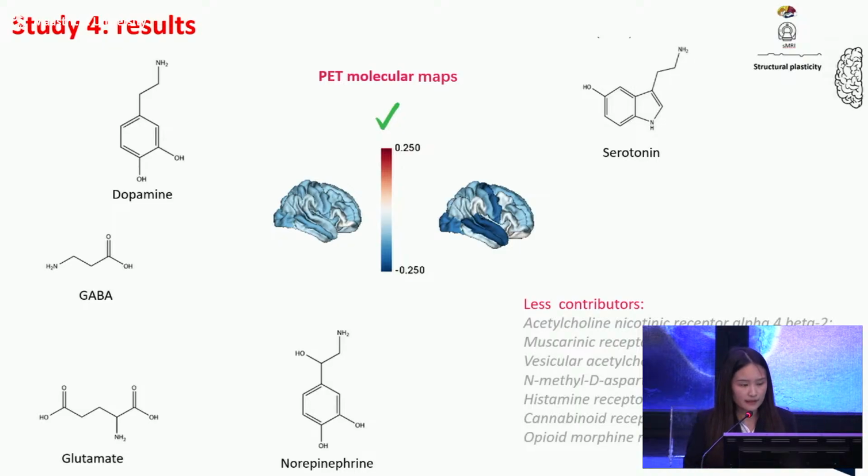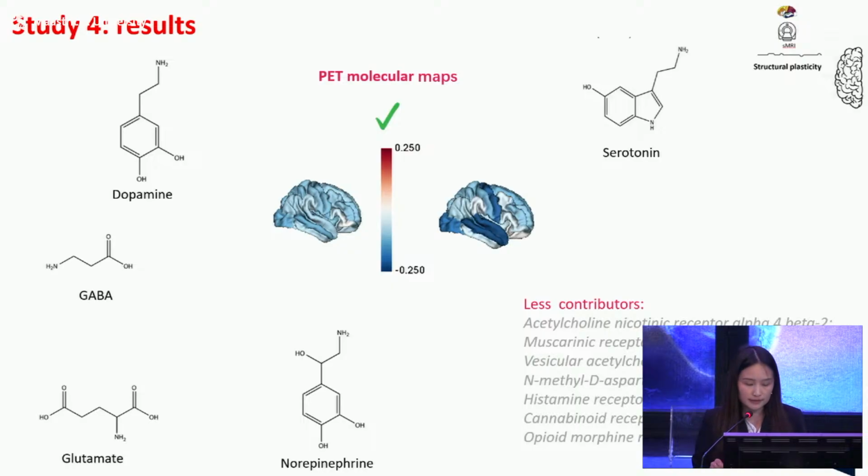We found that the local neurotransmitters are significantly associated with cortical thickness change in the psychosis risk and transition group, and dopamine, GABA, glutamate, serotonin, norepinephrine are the most significant contributors to this cortical thickness change.